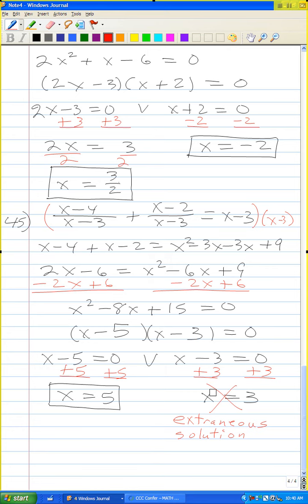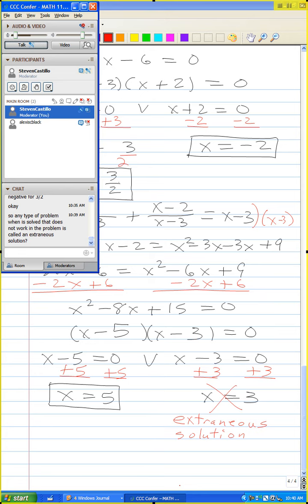So you must always check to see that the solution that you obtain actually works. Any solution to a technique that is not a solution to the original problem is called extraneous. Correct.